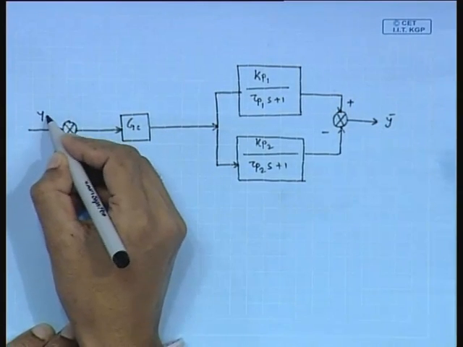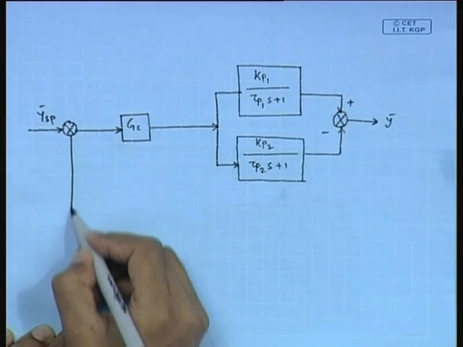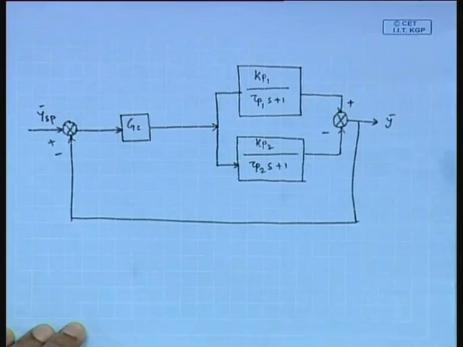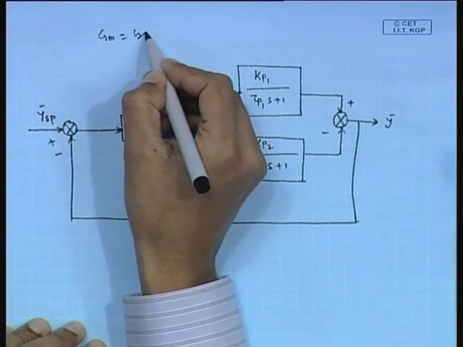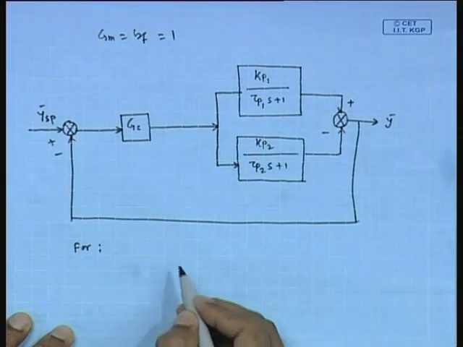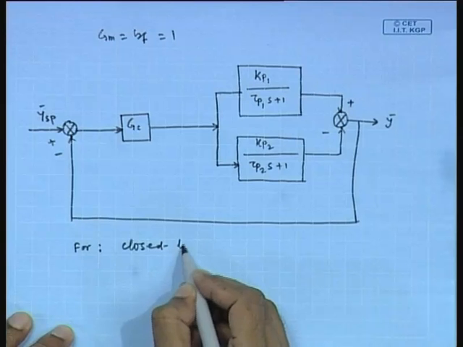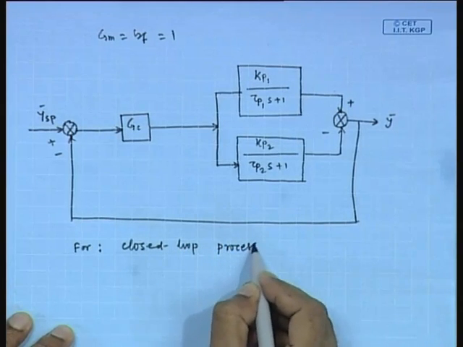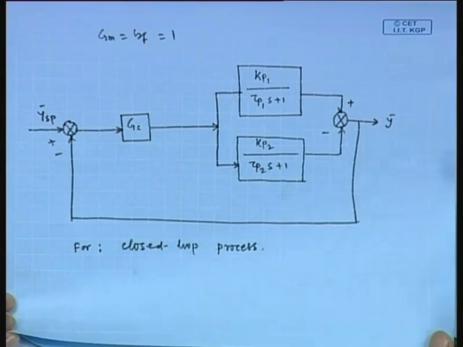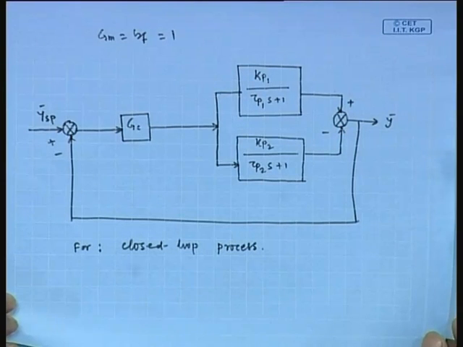Input to the comparator is set point. Here we consider Gm and Gf both equal to 1 for simplicity. So, this is the closed loop process. We have just included the transfer function for the controller with the process showing inverse response.